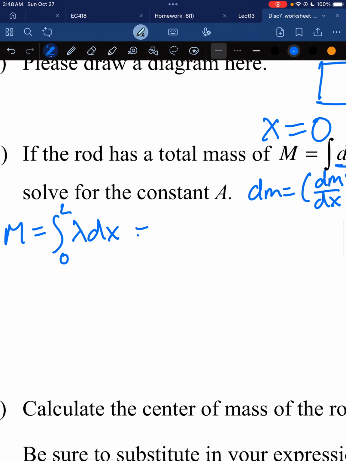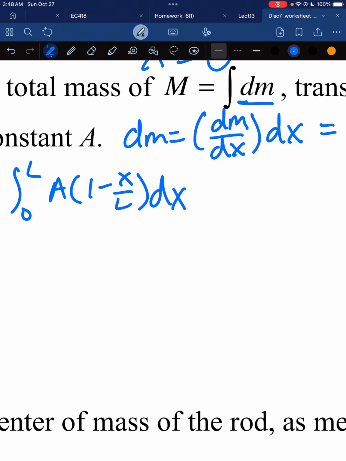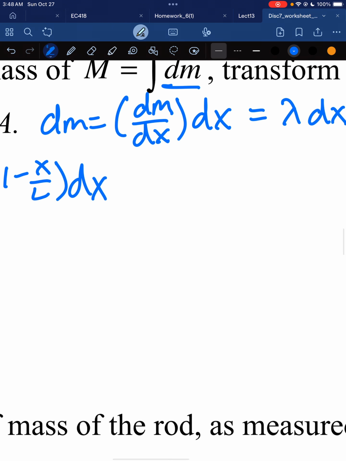And then now I'm just going to plug in our function for lambda, which is given to us to be a times 1 minus x over L dx. Now, I noticed that a is a constant, so I can pull it out of the integral, and I can write a times the integral from 0 to L of 1 minus x over L dx.